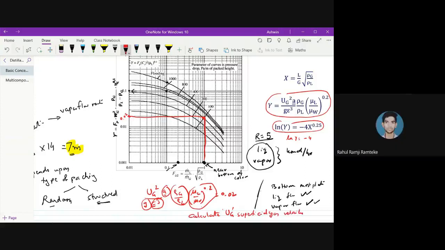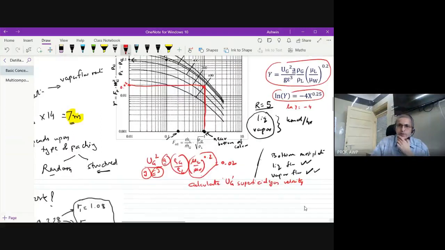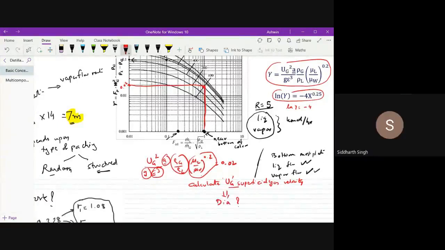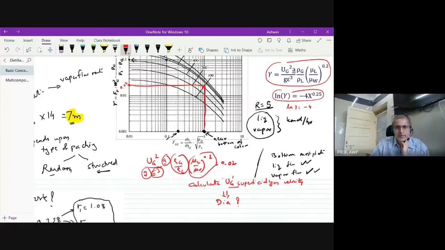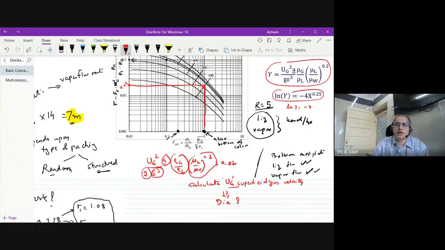So now if you know the molar flow rate and you know the superficial velocity corresponding to this point, can you not calculate the diameter? Yes, sir. We can calculate.